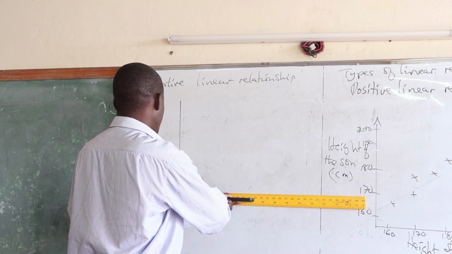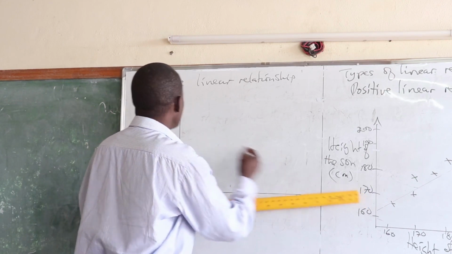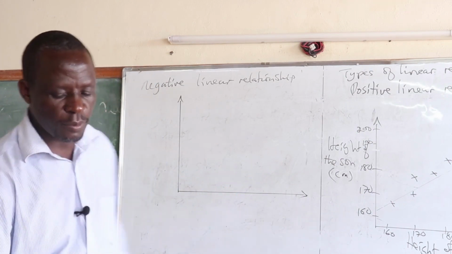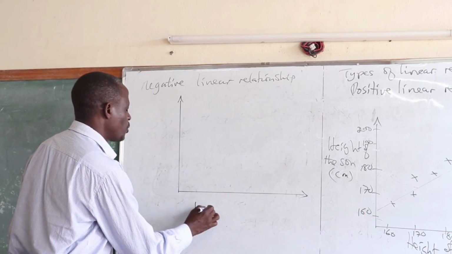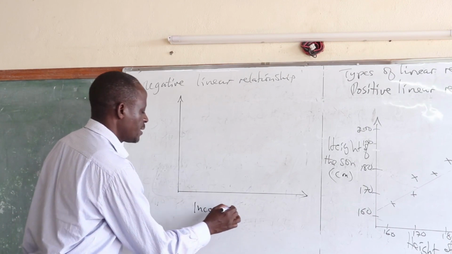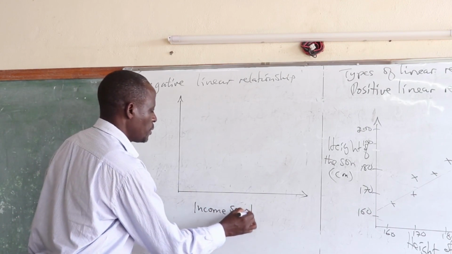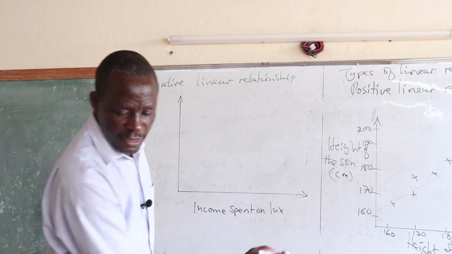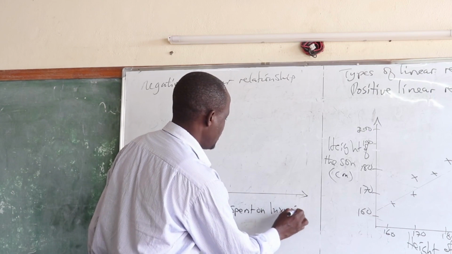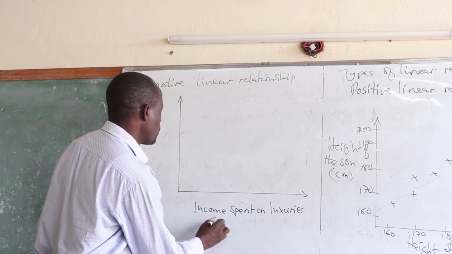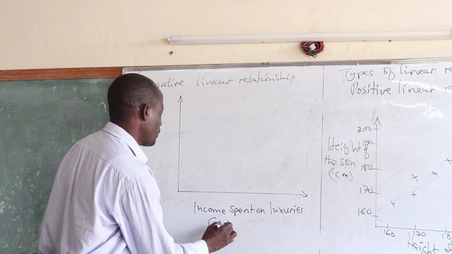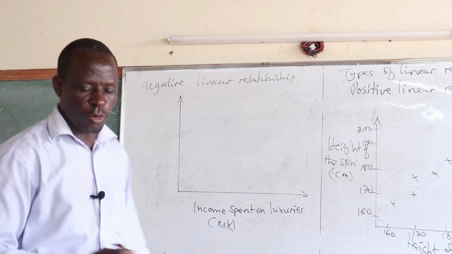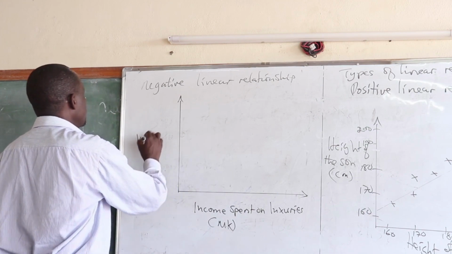Let's have this particular graph showing the relationship between two variables. We may be thinking of income spent on luxuries, which could be in Malawi kwacha, MK, and then we can also think of income saved.